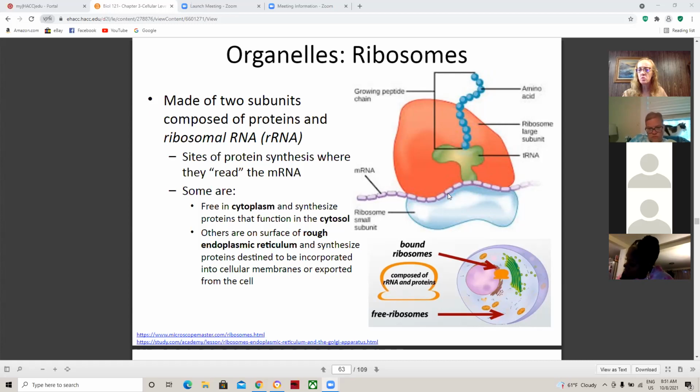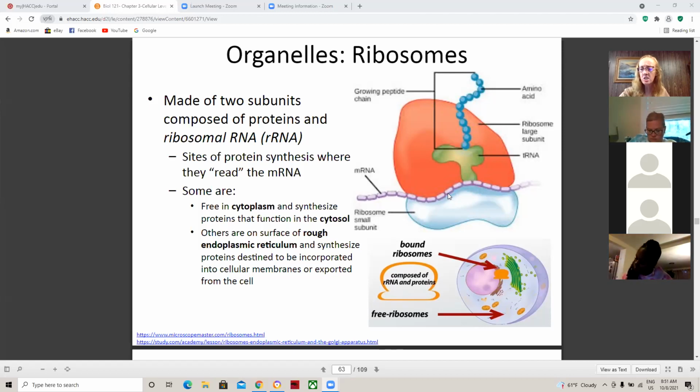Other ribosomes will bind to the rough endoplasmic reticulum and continue the protein synthesis. If the protein is made to be secreted outside of the cell or become part of the plasma membrane, the protein will be synthesized on the surface of the rough endoplasmic reticulum.